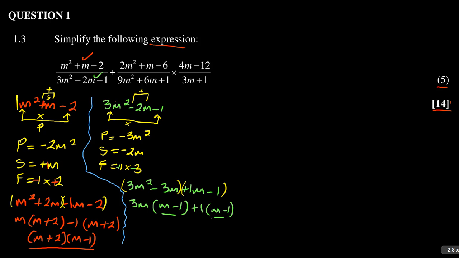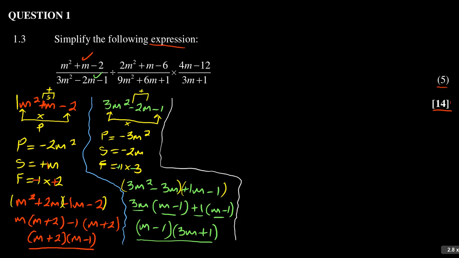The brackets must always match, which is m minus 1. And outside the brackets, I've got 3m. You also put it in brackets, plus 1. Whatever is outside the brackets is making the last bracket. So you have done that. Again, as you can see, this was my product sum.